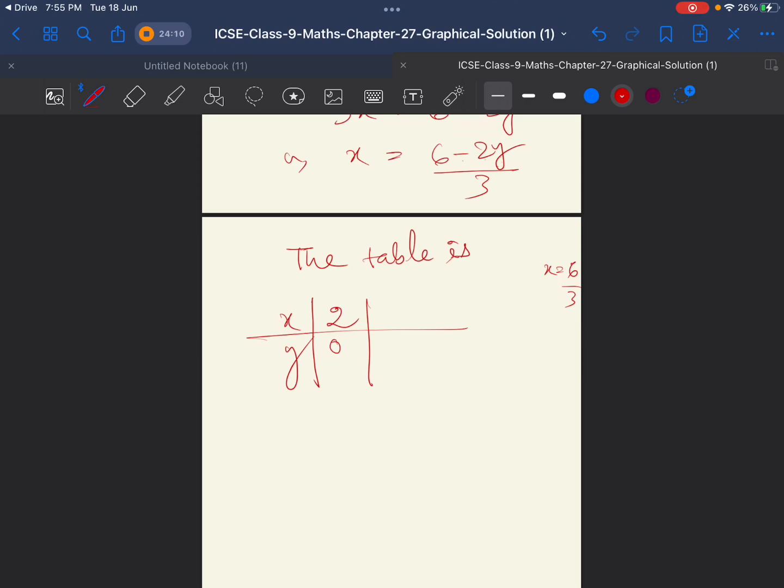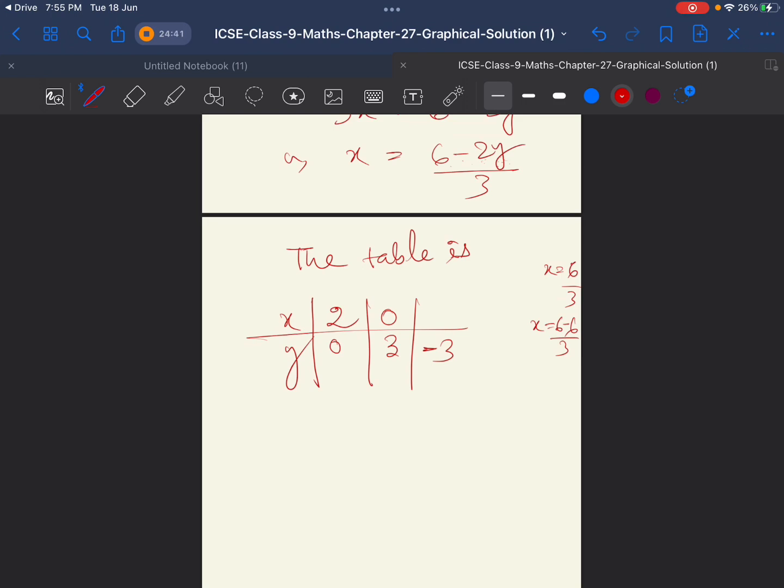If y = 1, then (6 - 2) = 4/3, we don't take this point. Now y = 2, so 6 - 4 = 2/3, we don't take this. So y = 3. When y = 3, then the value of x will be (6 - 6)/3, so this is 0.